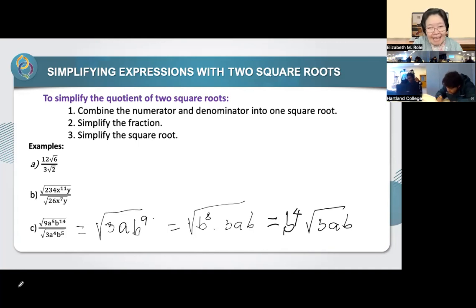So that's why it's just A. Then we split B to the 9 into B to the 8 times B, because we want one of the exponents to be even. Okay?